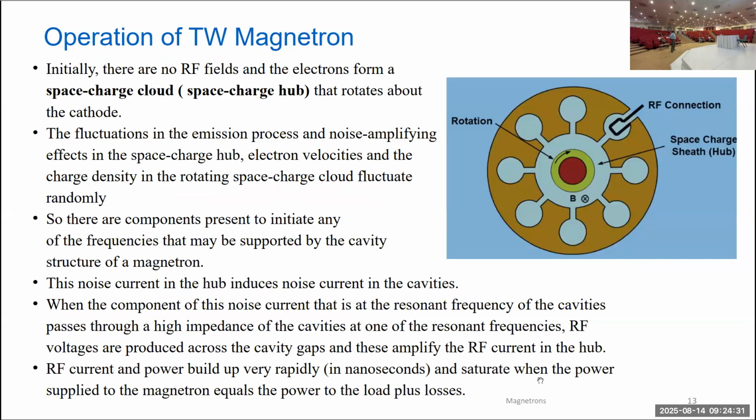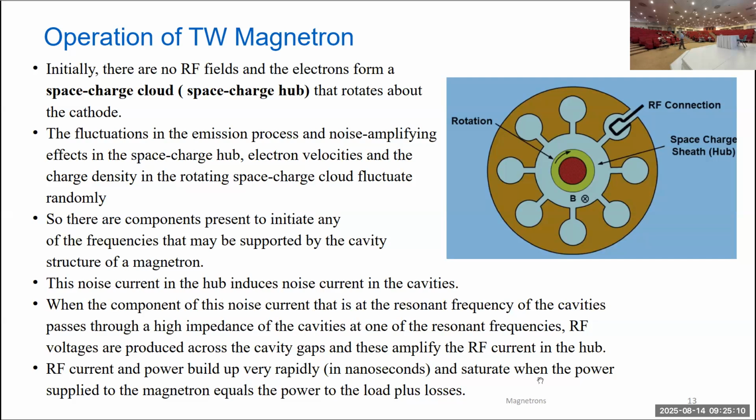Now, operation of the traveling wave magnetron, how we can explain the physics of these traveling wave magnetrons. When anode voltage is applied to the anodes and magnetic field is applied, and the filament is heated, electrons are emitted, and they revolve around the filament and form a space charge cloud around it, as you can see in the yellow disk.